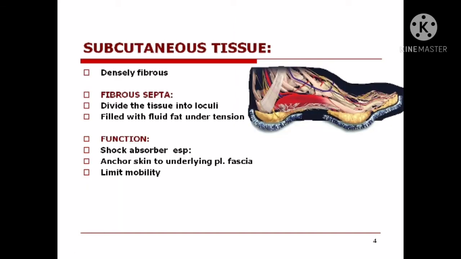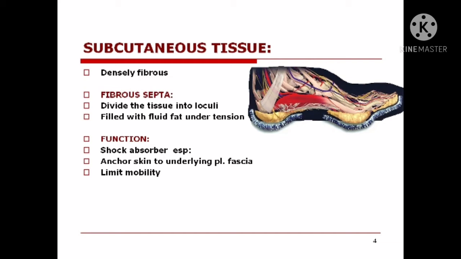The subcutaneous tissues beneath the skin are densely fibrous, and these fibrous tissues are arranged in septa. Septa divide the tissues into loculi, and you can see this in the sole of the foot in the picture.